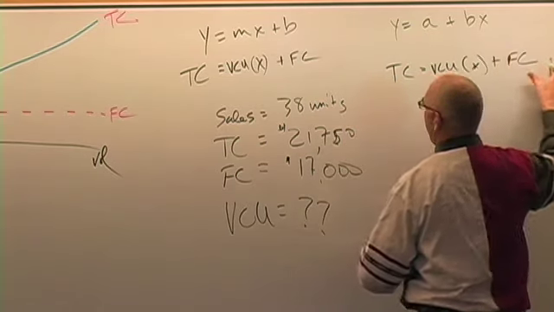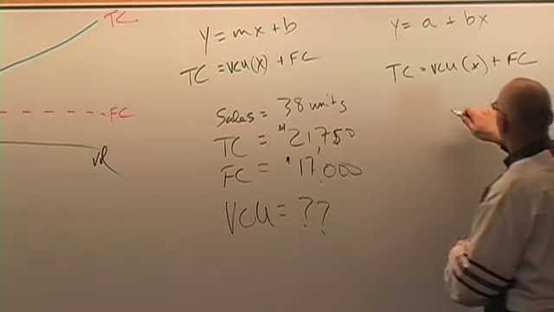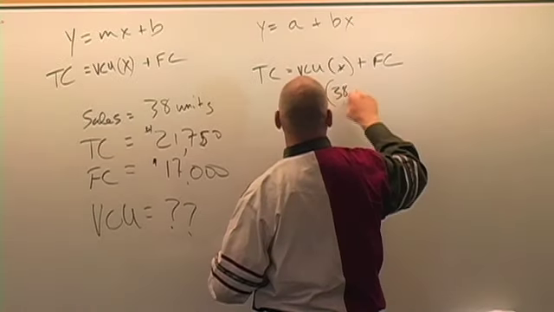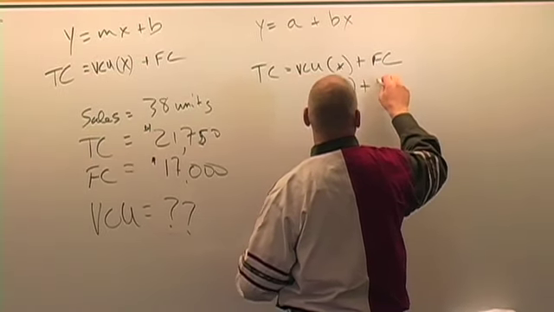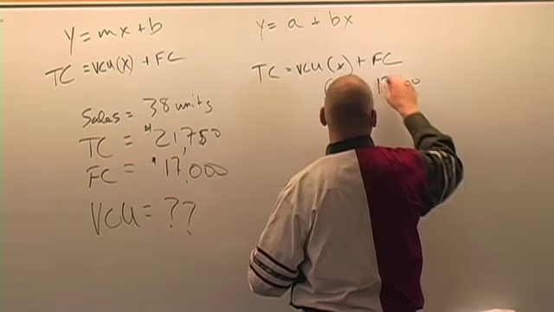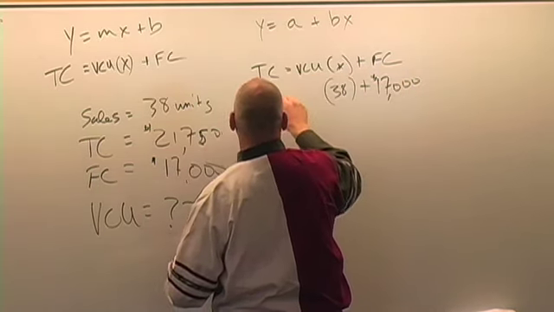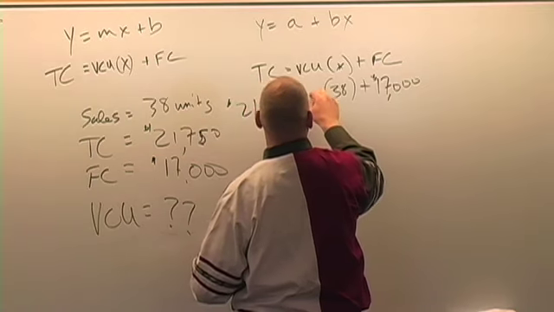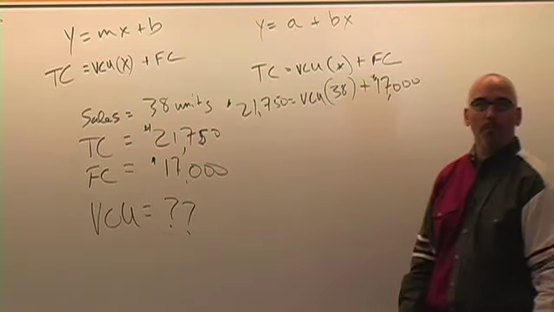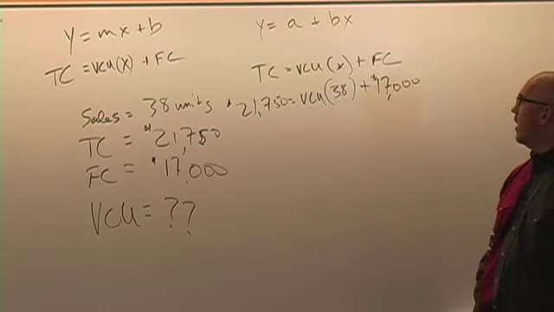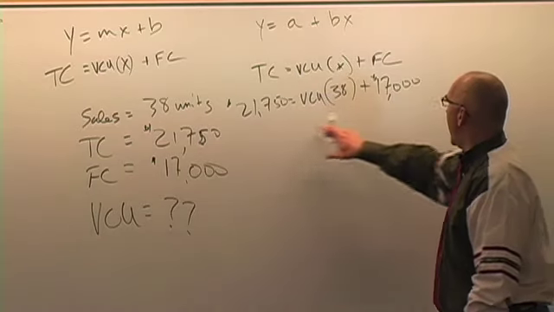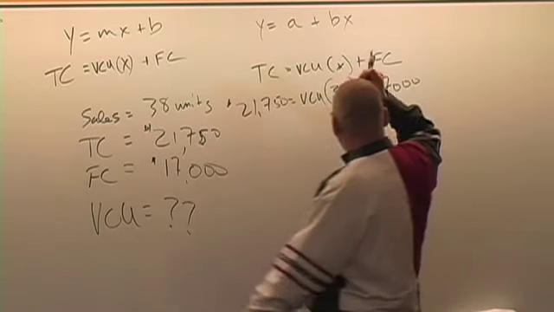So there's the general version of the formula, right? And so we're sticking 38 in here, fixed cost of $17,000, total cost of $21,750, and we are solving for VCU, right? So why don't we subtract 17,000 from both sides?